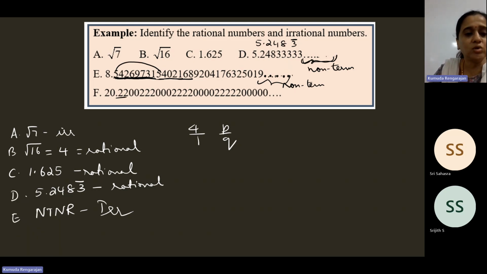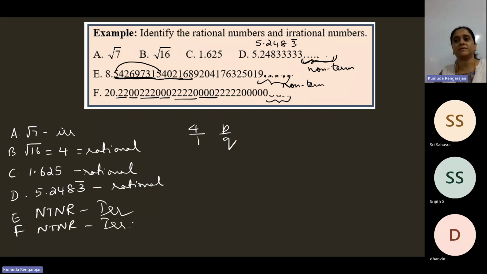Here it is 2 twos, 2 zeros, then 3 twos, 3 zeros, 4 twos, 4 zeros. No. So you don't see a digit or a set of digits repeating themselves. The same thing should repeat. That pattern we don't see here. But it's non-terminating because it's going on forever. It's non-terminating and non-repeating. Non-terminating, non-repeating decimals are irrational numbers. F is non-terminating, non-repeating. And hence it's an irrational number.